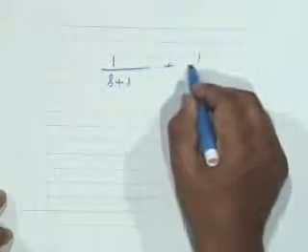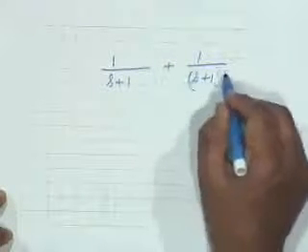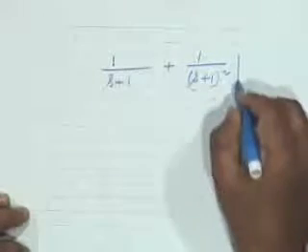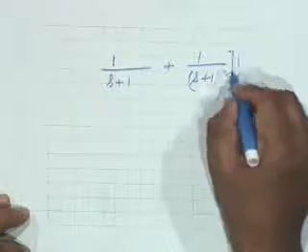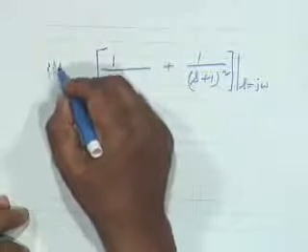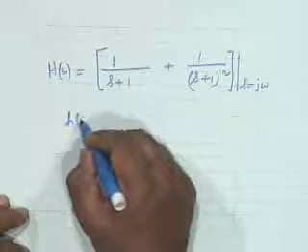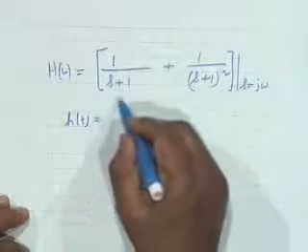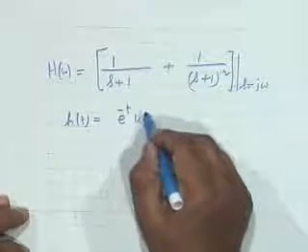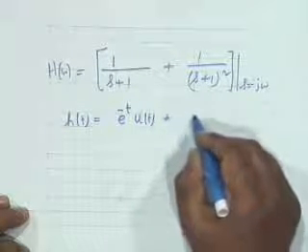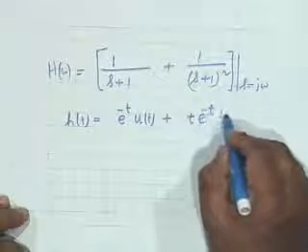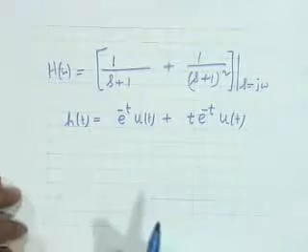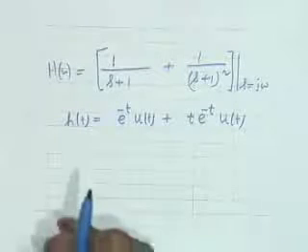And the result is, in this case both are 1, so it is 1 by s plus 1 plus 1 by s plus 1 whole squared, under the condition s equal to j omega. This is H of omega, and therefore now I can invert term by term. For the first it would be e to the minus t u of t, and for the second it would be t e to the minus t u of t. So that's the final result for the impulse response.